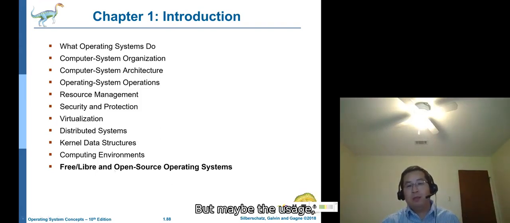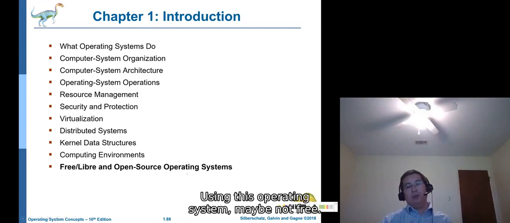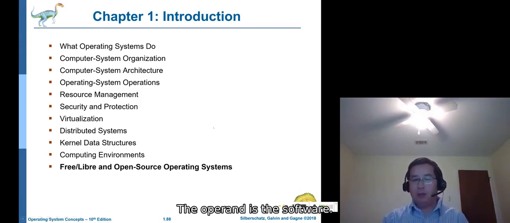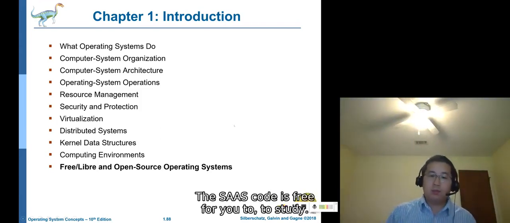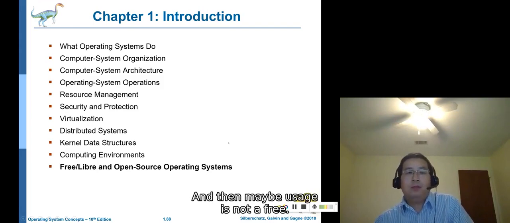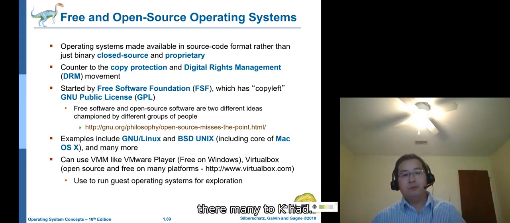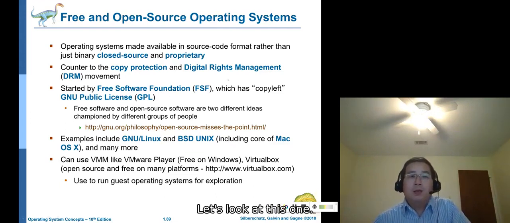But maybe the usage is not free. For example, using this Windows, using this operating system, maybe not free. The source code is free for you to study, but maybe usage is not free. Okay? For example, for some distributions, they may need to pay. Okay? Let's look at this one.